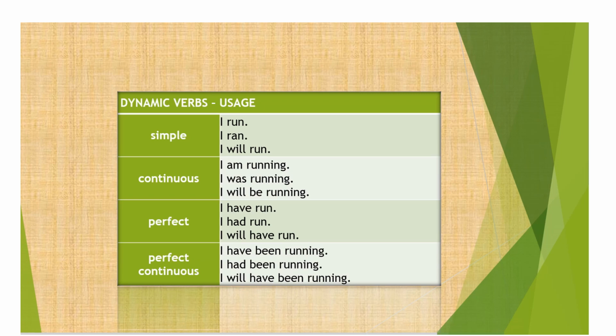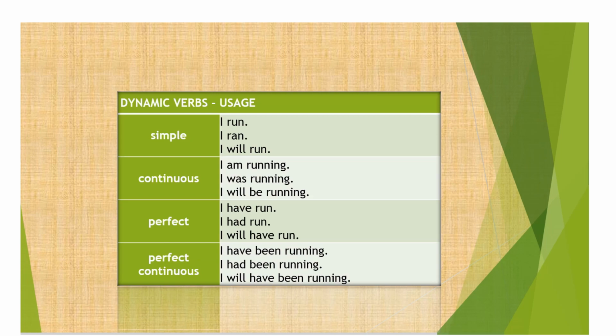I run, I ran, I will run, I am running, I was running, I will be running, I have run, I had run, I will have run, I have been running, I had been running, I will have been running. So these are general sentences we use while we read and write. Dynamic verbs are not alien to us.